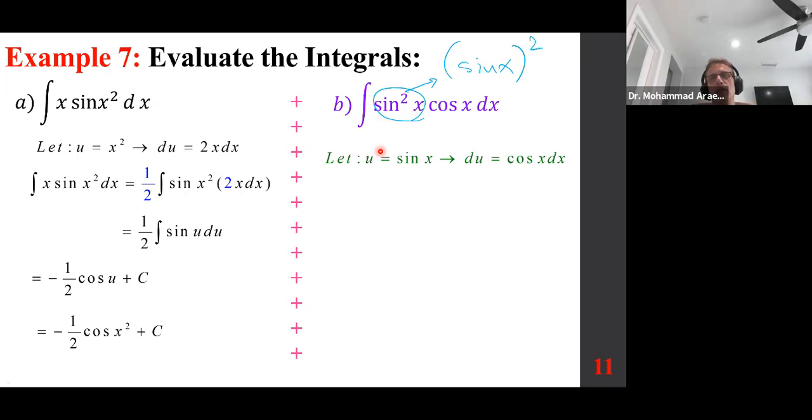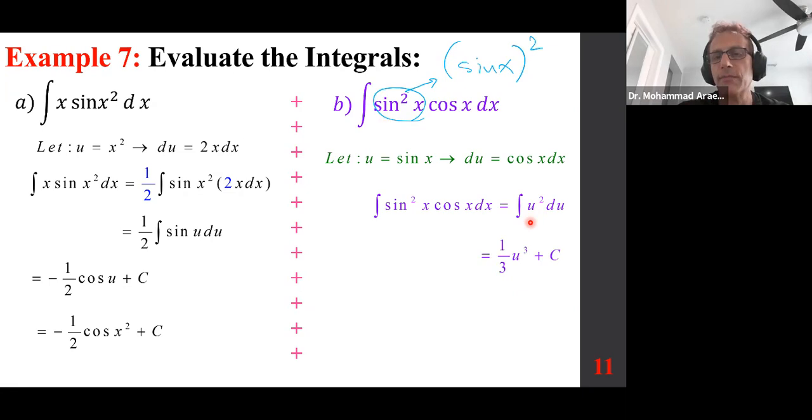We rewrite this as the integral of u squared du, which is clearly a case of a power rule, 1/3 u cubed plus a constant. Replace the u with sine, so 1/3 sine cubed x.